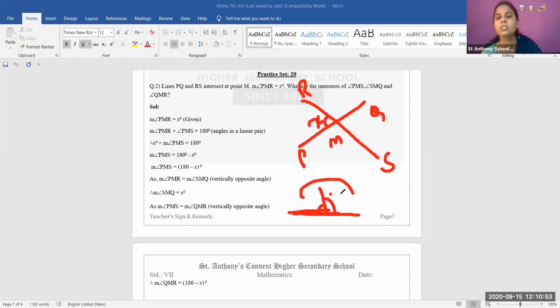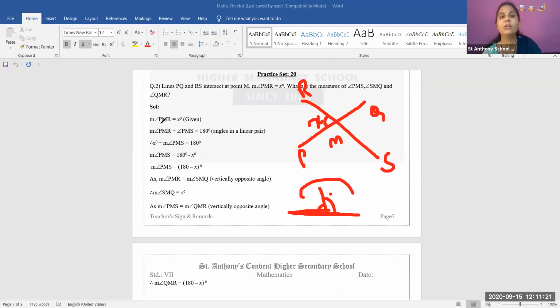So in this case also, angle PMR and angle PMS form angles in a linear pair. PMR plus PMS is equal to 180 degree.